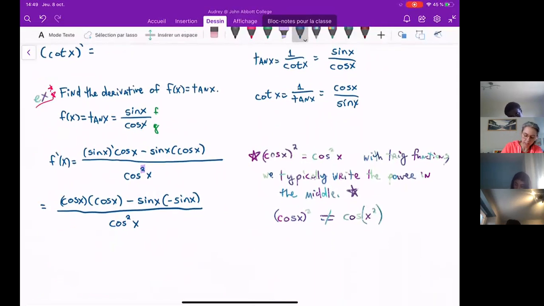In this case, those minuses cancel out with each other and become pluses. And this is cosine squared x plus sine squared x over cosine squared x. Any questions so far about how I've gone through these steps?